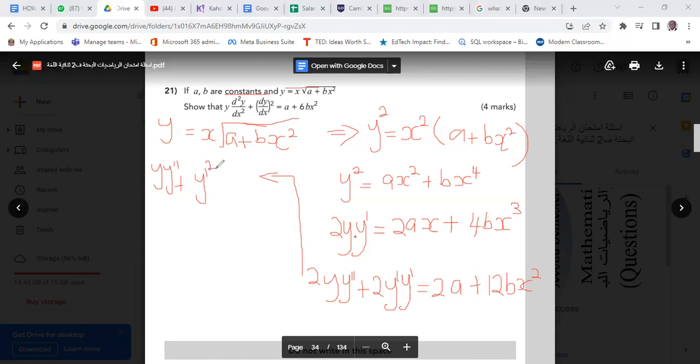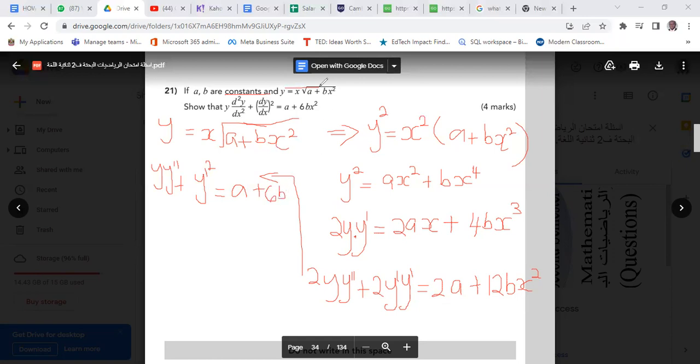I hope you are enjoying that. It's really an amazing question. Is equal to, if I divide this by 2 also, I have a only. If I divide this by 2, I will have 6. 12 divided by 2 will give me 6. So plus 6bx squared.